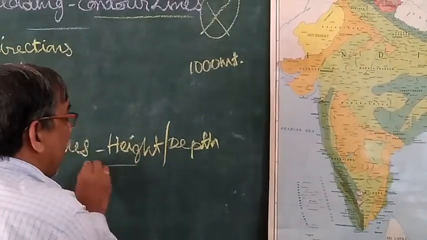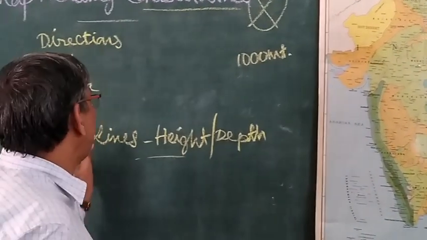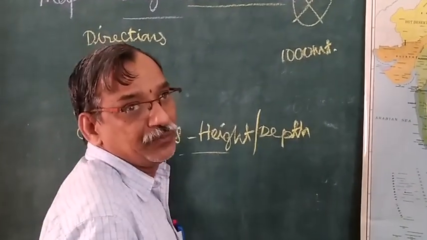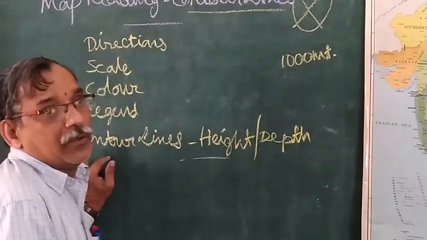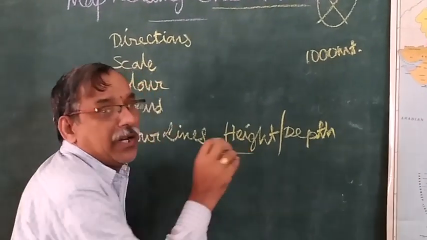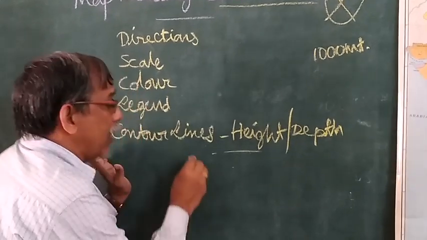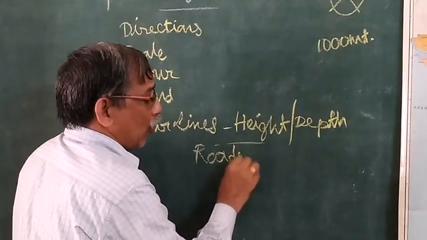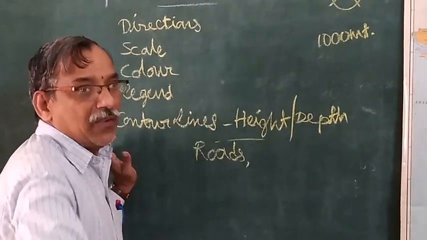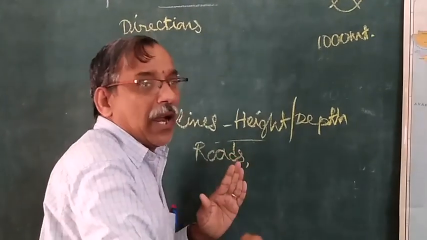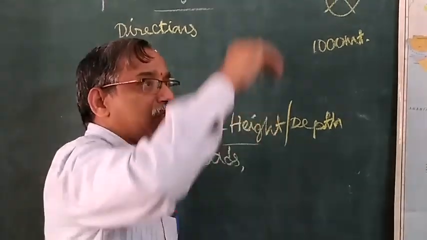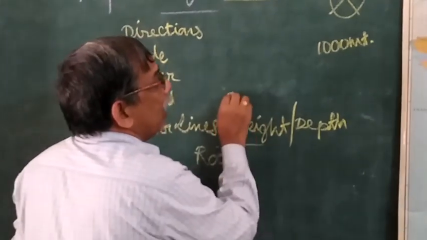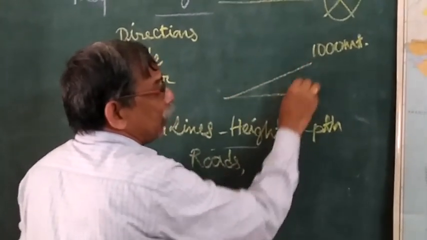But coming to this again a little more. Sir, where do we use these contour lines? Contour lines are used by particular departments, especially roadways and transportation, for making roads. They will observe the height of the particular area, from which height they have to travel, and how much slope they have to keep.